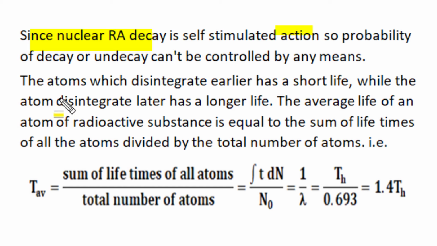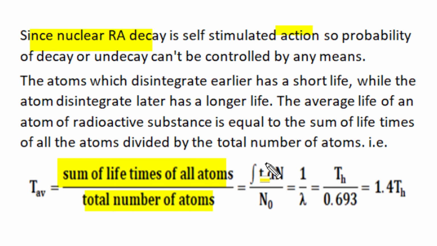The nuclei or atoms which decay or disintegrate earlier have a shorter lifespan, while those nuclei which disintegrate later on have a longer lifespan. So the average life of radioactive nuclei is the ratio of the sum of lifetimes of all atoms and the total number of radioactive atoms.